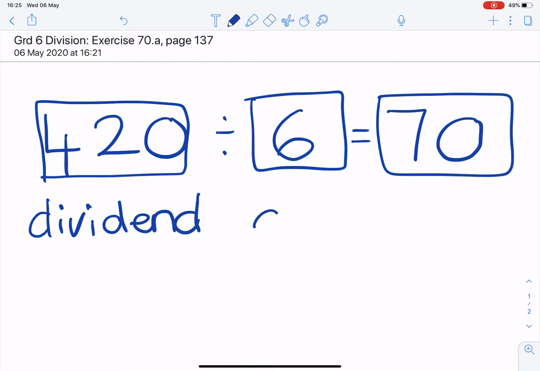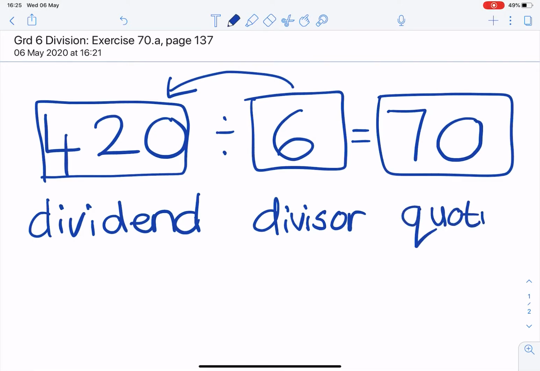6 is the divisor. The divisor is the number that we divide into the dividend. 70, which is the answer, is the quotient.